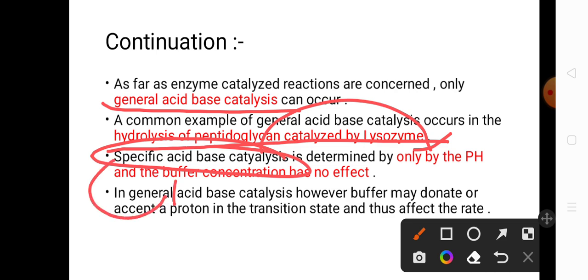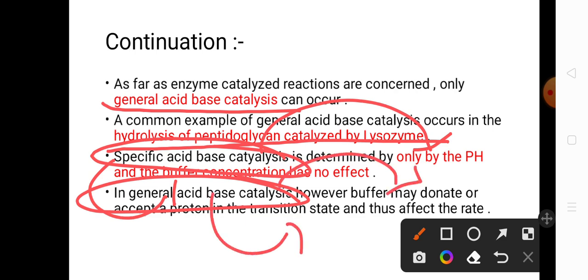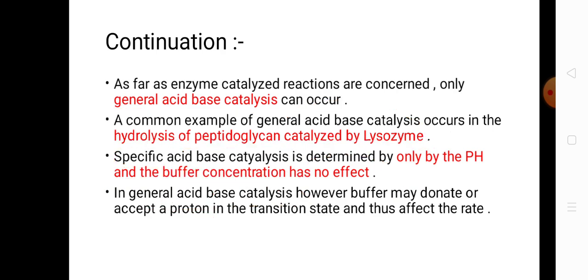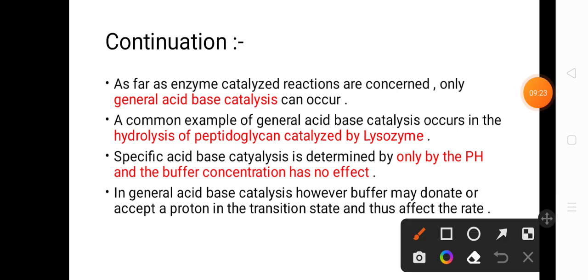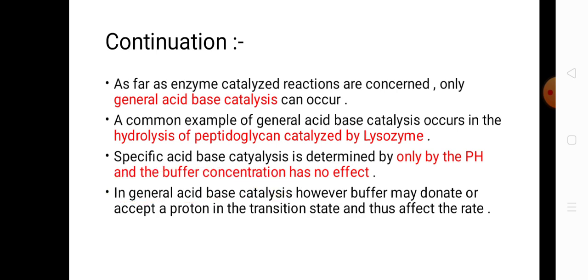But in general acid base catalysis, it depends on pH as well as buffer condition. Because remember, buffer here may act as an acid and base in the transition state, and thus it can affect the rate. That is why in general acid base catalysis it depends on buffer concentration, but in specific acid base catalysis it does not depend on buffer concentration. So that is the idea of our acid base catalysis.